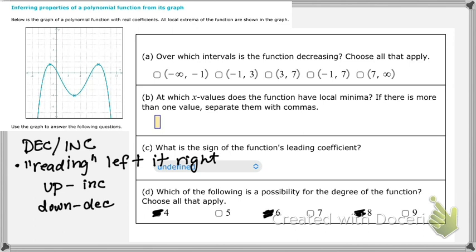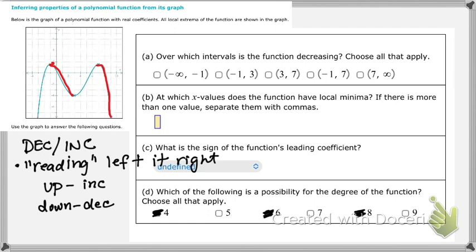That should be pretty intuitive. So over which intervals is the function decreasing? Well, decreasing is down. So that's going down here, and it's going down here.